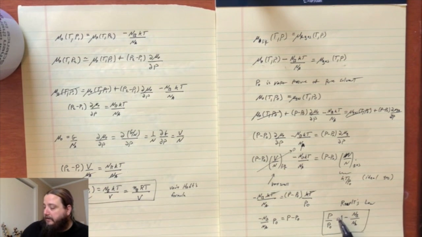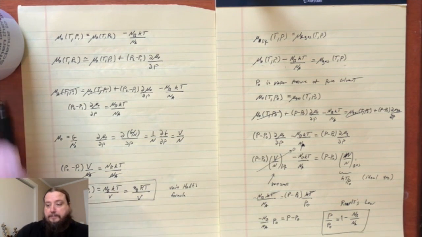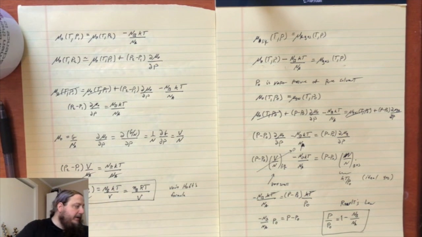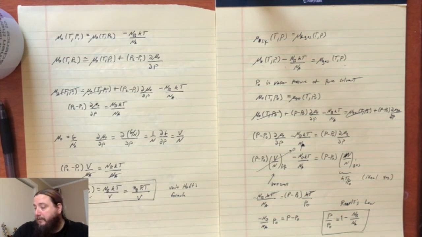And this suggests that the effect of adding a little bit of solute to our solvent is to decrease the vapor pressure. That the amount of pressure you would need to have to keep a solution in liquid form is less for a solution than it was for pure substances.